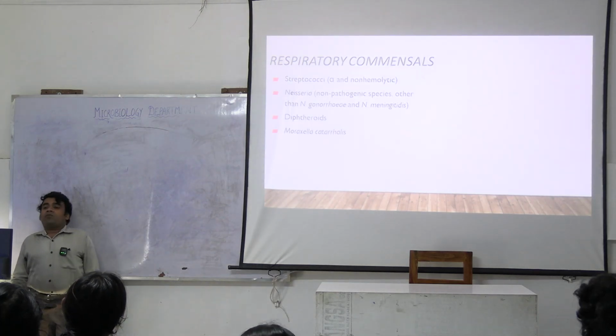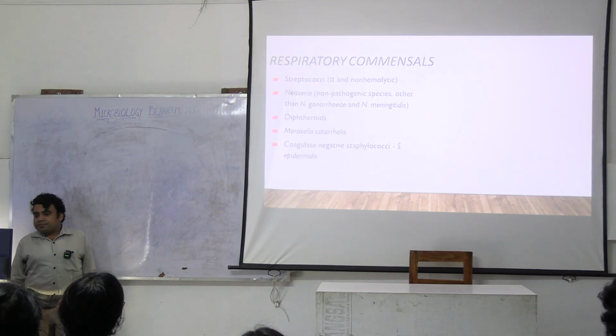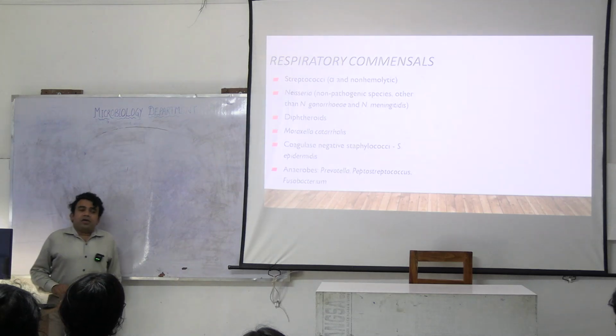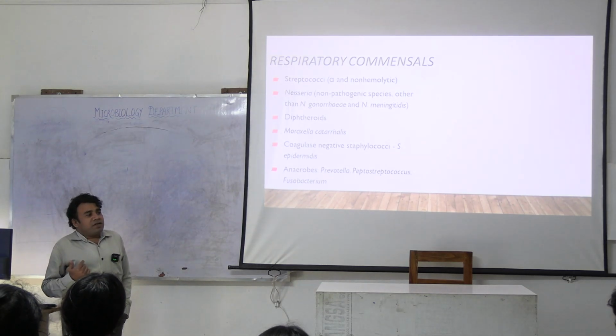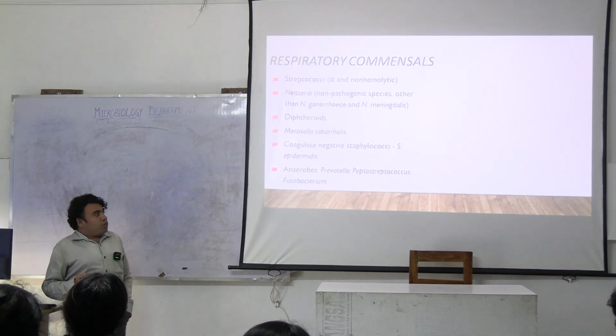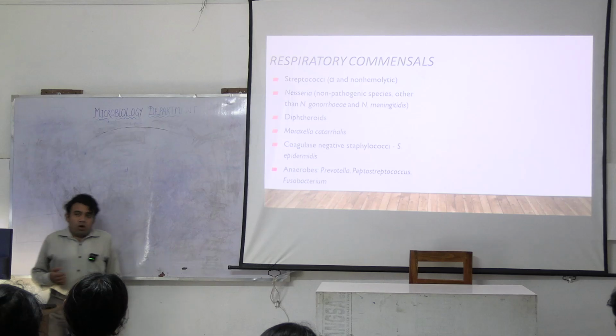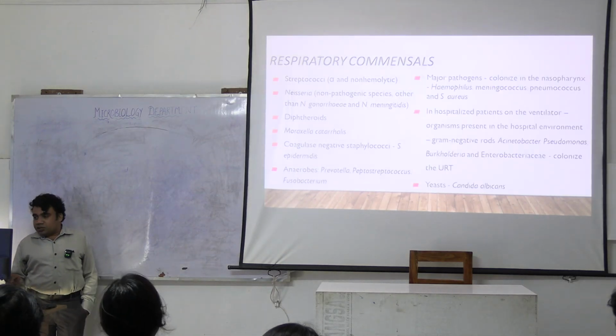Next, we can have Moraxella and Staphylococci, most commonly coagulase negative Staphylococci. And finally, especially in our mouth, in the teeth and the gingival gaps, we have some anaerobes like Prevotella, Porphyromonas and Fusobacterium. Normally they are part of the commensal flora, but in some scenarios they can cause infections.